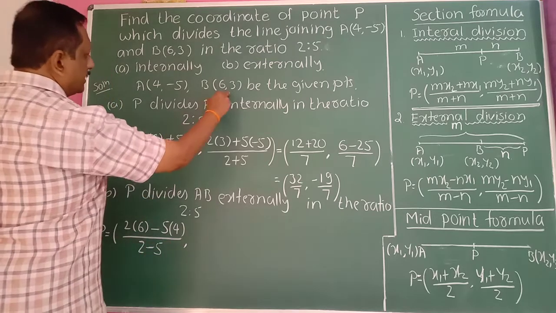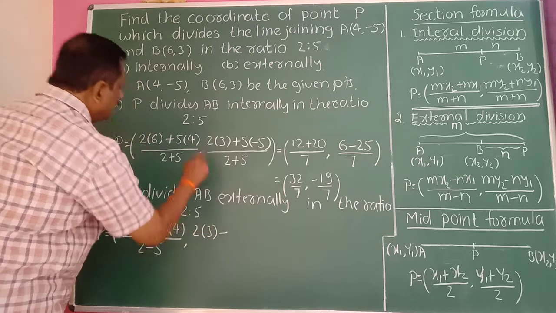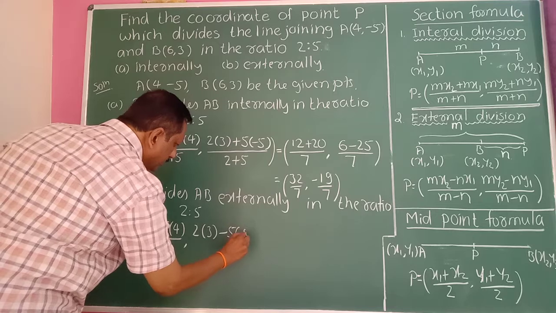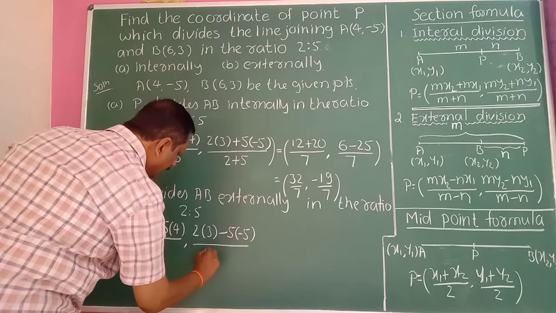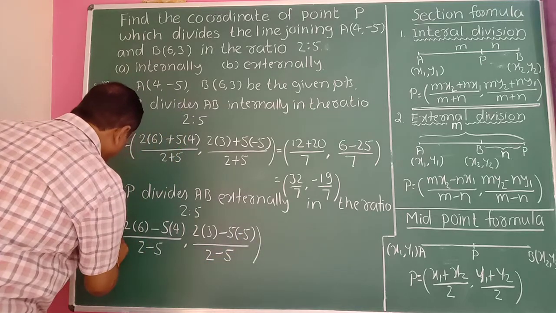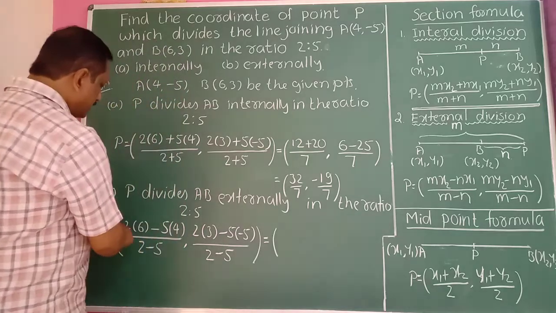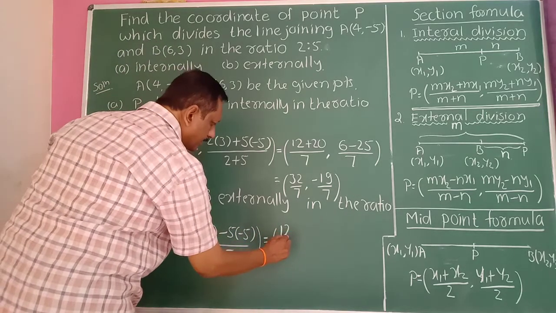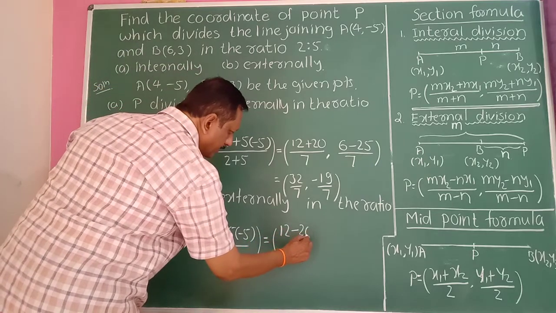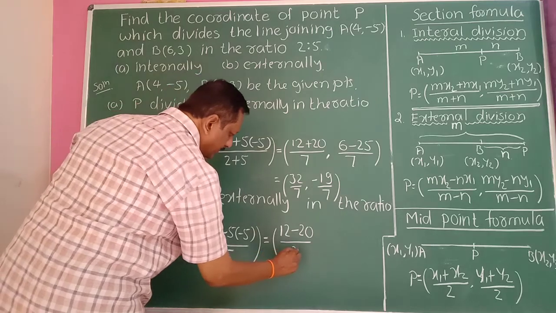Then 2 into 3, minus 5 into minus 5, divided by 2 minus 5. Okay. Therefore, this is equal to: 6 2s are 12, minus 5 4s are 20, divided by 2 minus 5 which is minus 3.